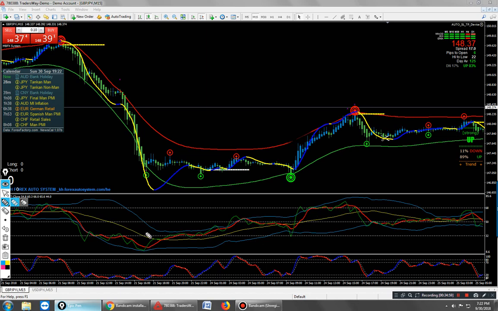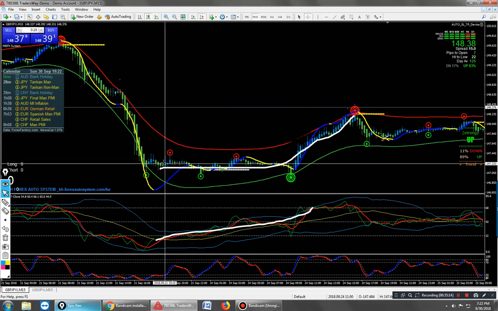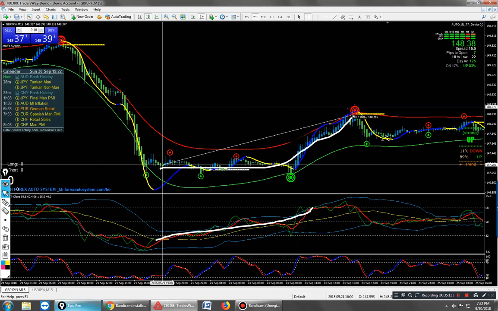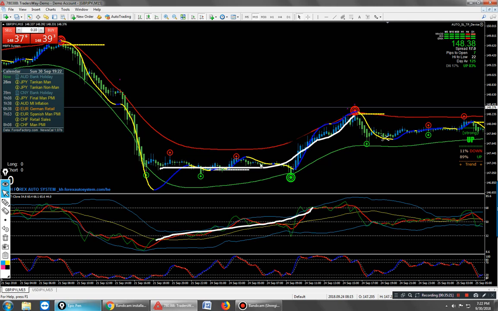As you can see here, the market was a good ways below the 32, so we know that eventually it was going to be going back up to the 68, which eventually did go up very well. It ended up going a little over 100 pips in the upward direction on this setup.